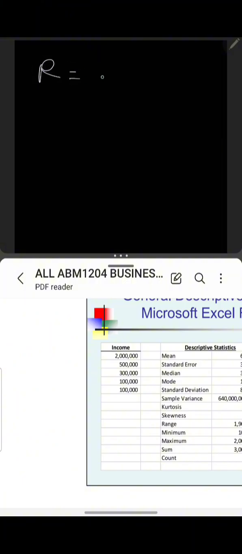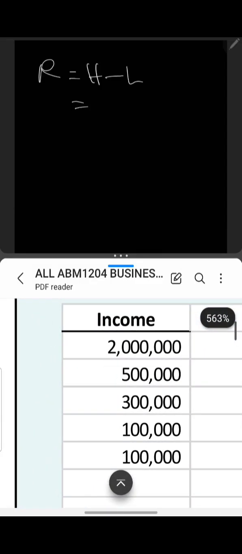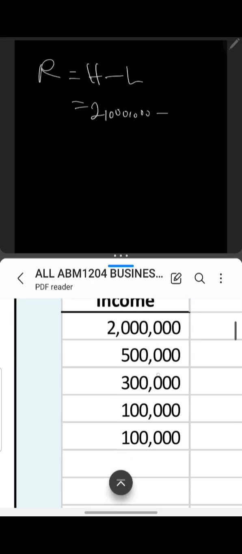Range is equal to highest minus lowest, not so? Then we have to look for the highest. The highest is 2 million. Minus the lowest. The lowest is 100,000.